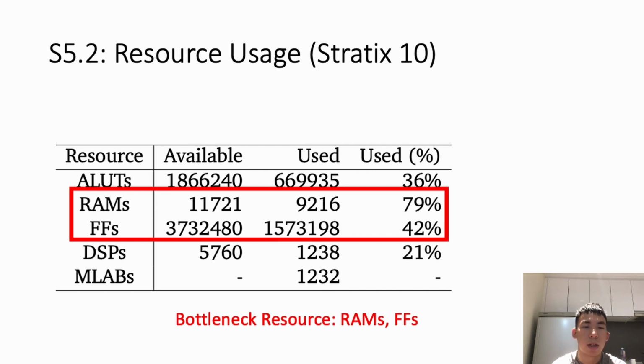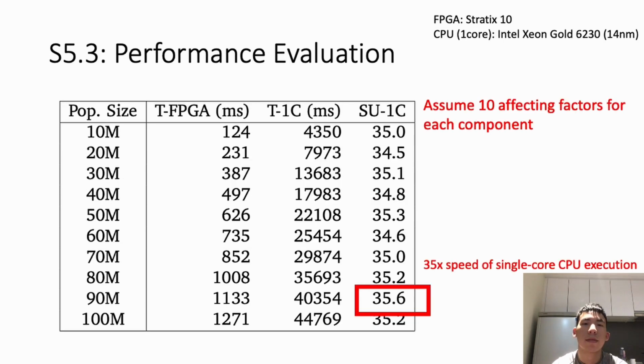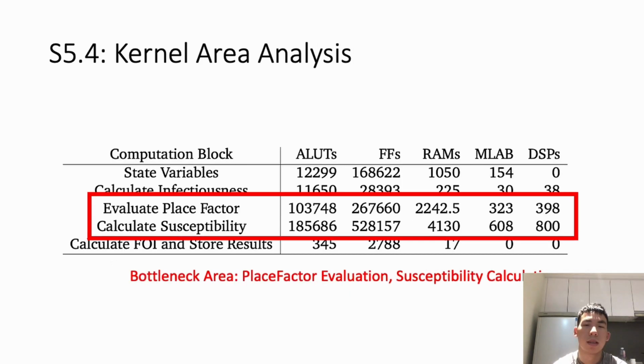We have found the bottleneck resources are RAMs and FFs. Assuming there are 10 affecting factors for each component, we could see that we can achieve around 35 times speedup compared to a single-core CPU execution on an Intel Xeon Gold CPU.